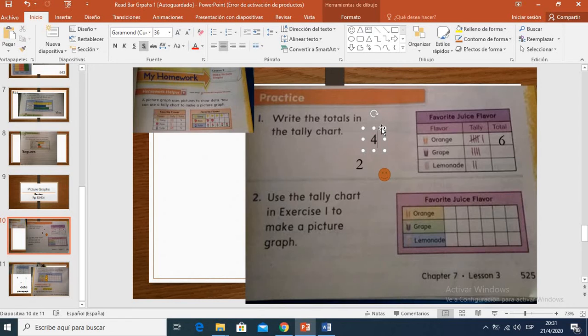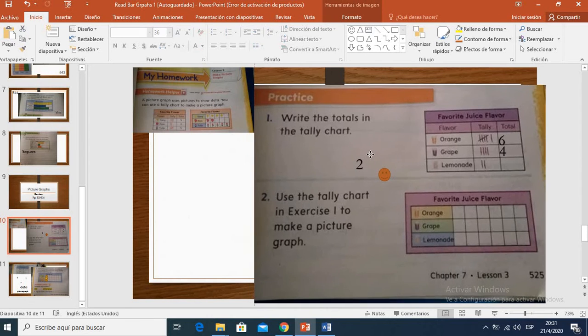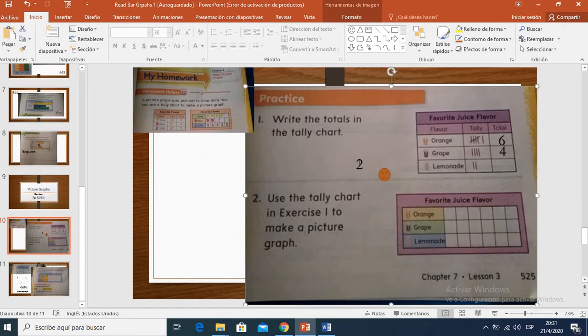Now, how many votes for grapes? Grape juice. 4. Very good. You need to write the number 4. And in the last one, for lemonade, you need to write the number 2. Very good, because it's only 2 votes, right?